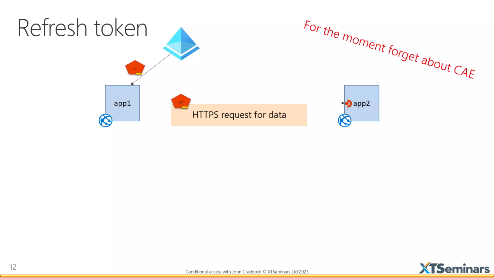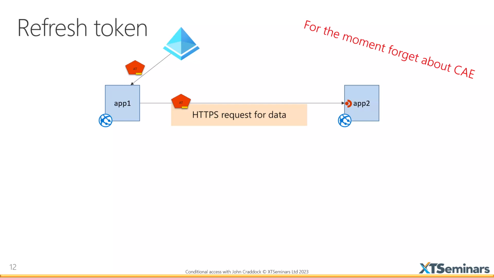So what should the lifetime of an access token be? Well, if App 1 needs to continuously access App 2, even when the user's offline, that token lifetime has to be extremely long. Otherwise, when it expires, App 1 will no longer be able to access App 2.